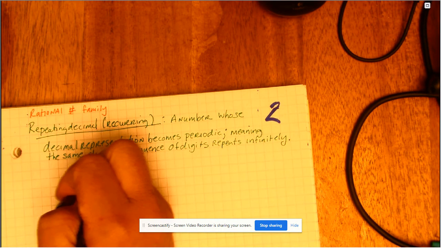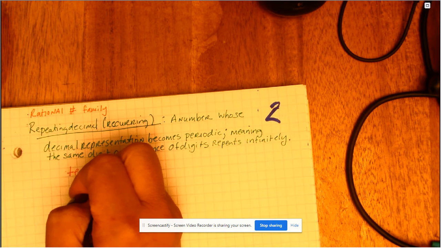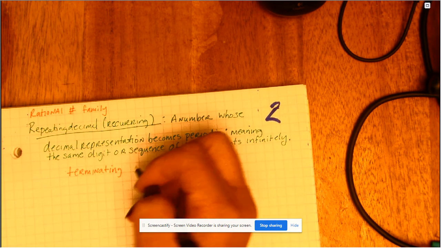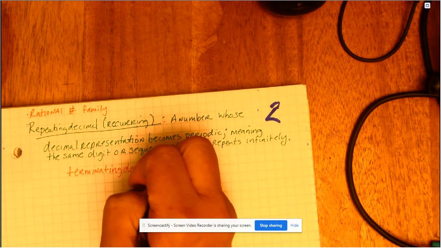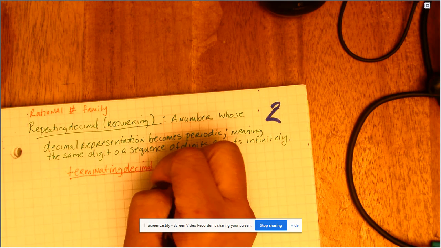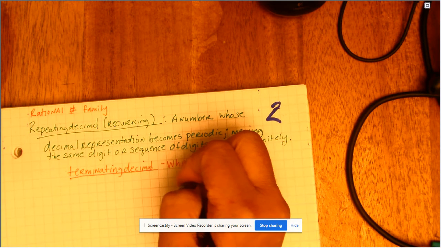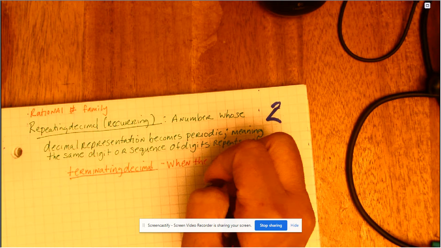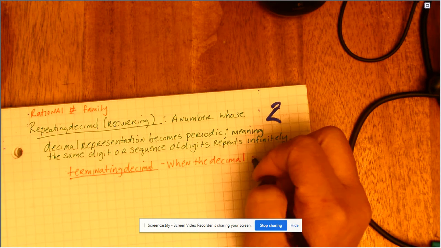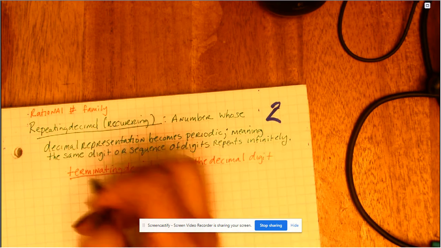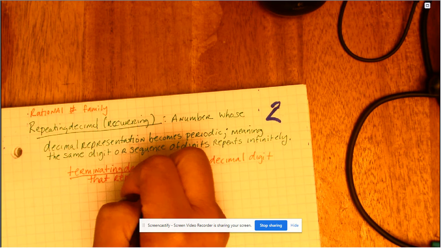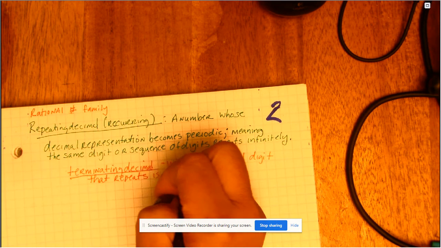So the first type of repeating decimal we're going to look at is terminating. And that's when the decimal digit that repeats is 0.